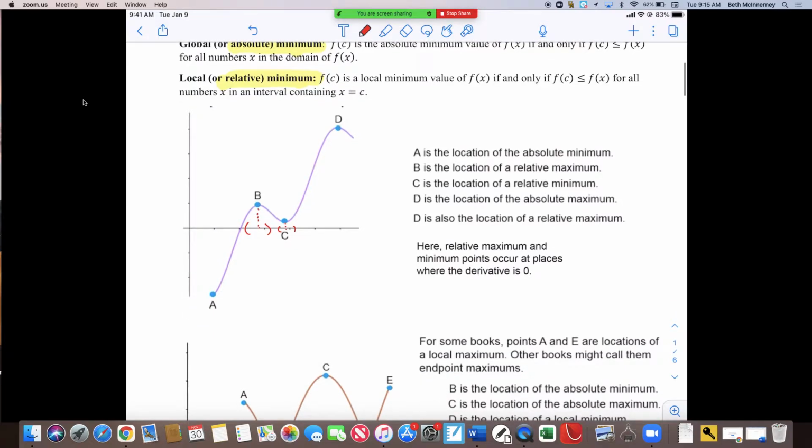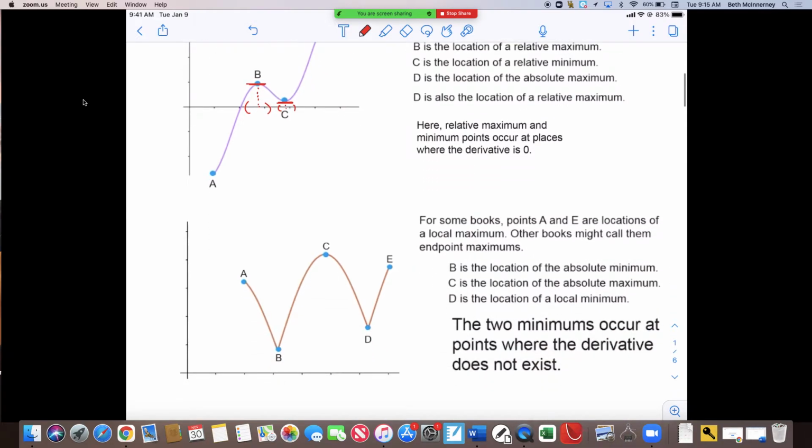All right, so what I want you to notice, and I'm planting some seeds for really 5.3, do you notice that at my relative max, if I look at the slopes of my tangent lines, what do you notice? They're zero, okay? That's not an accident. That is on purpose.